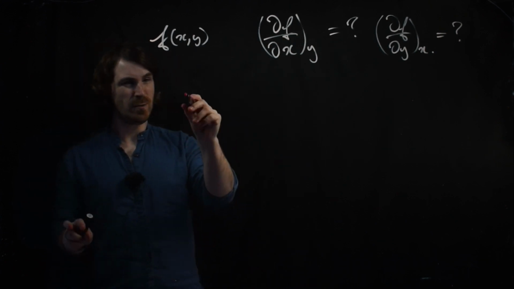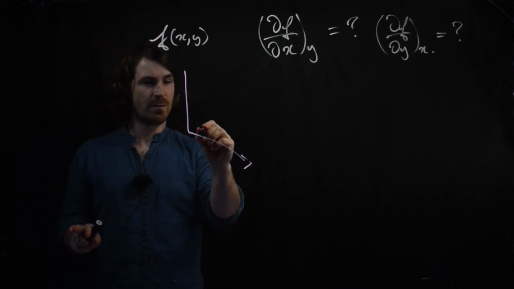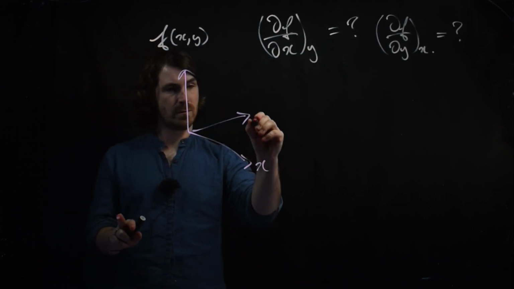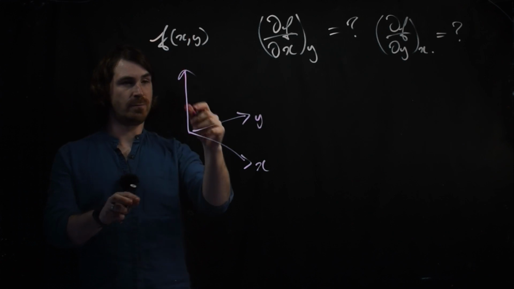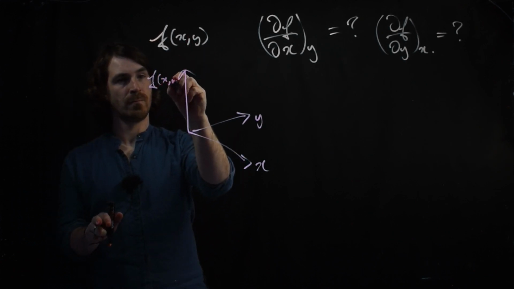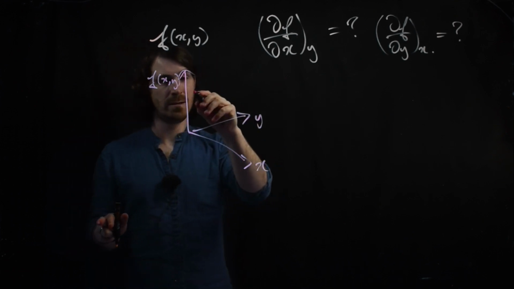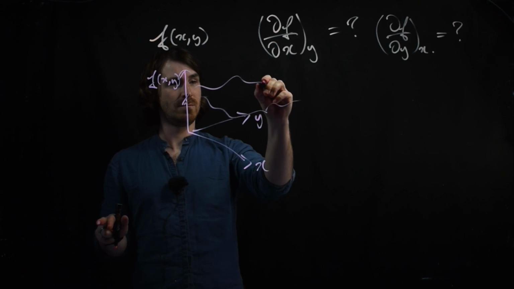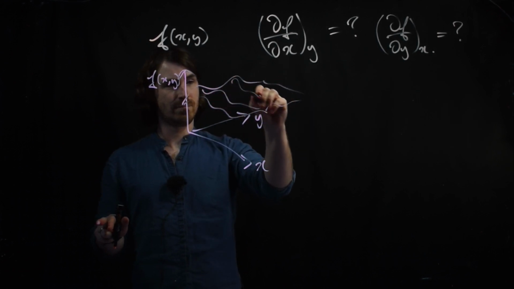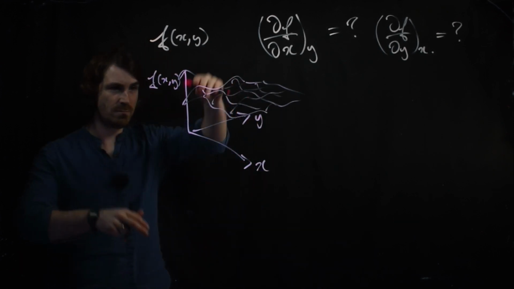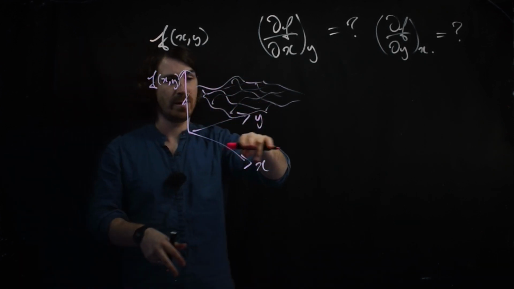If we think about our function, so this is x, this is y, and then we have the function f of xy on the vertical, which you may want to call z. So let's say this function, the surface, is some sheet like this. Okay, so it's some sheet, some height above the xy plane.